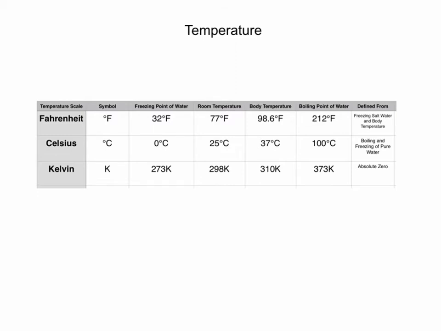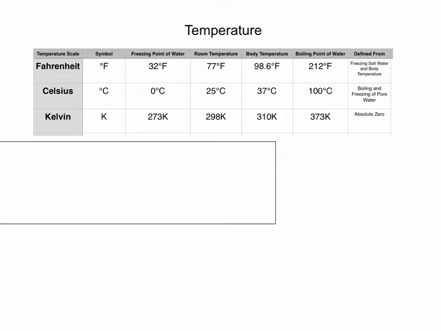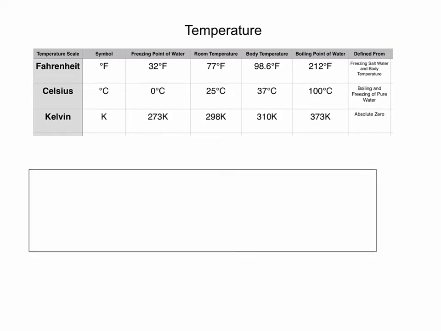So let's talk a little bit more about the Kelvin scale. In order to understand the Kelvin scale, we need to know a little bit more about the movement of particles. Temperature is the average kinetic energy or speed of the particles. Scientists figured out that there must be a slowest possible speed, or a temperature at which the molecules stop moving, because the colder things get, the slower the particles move.